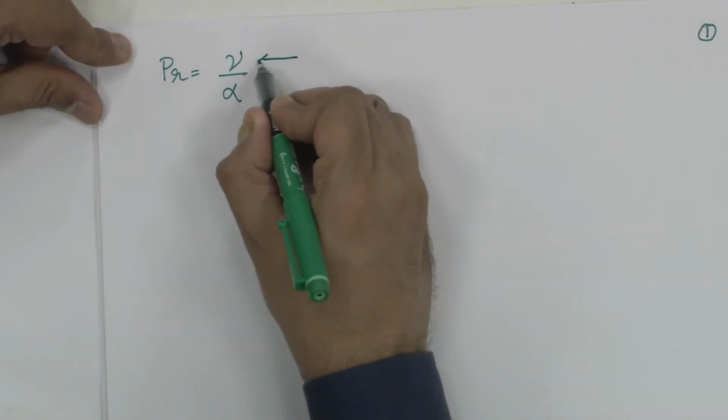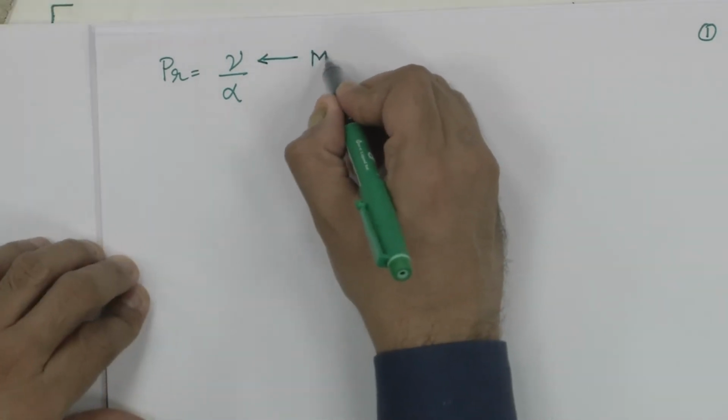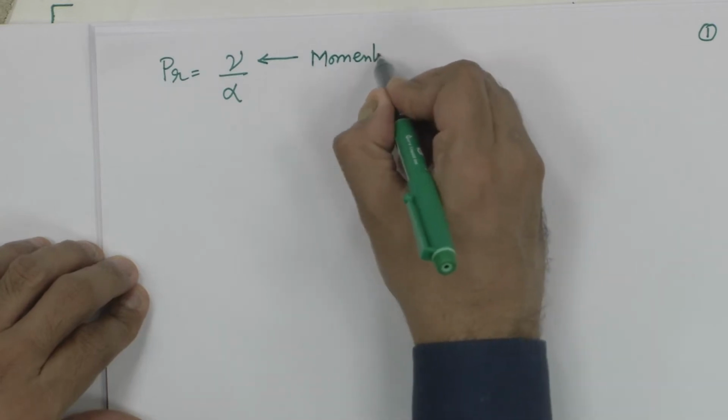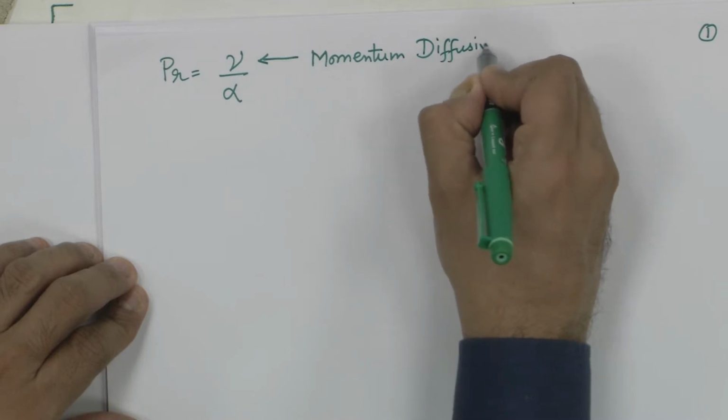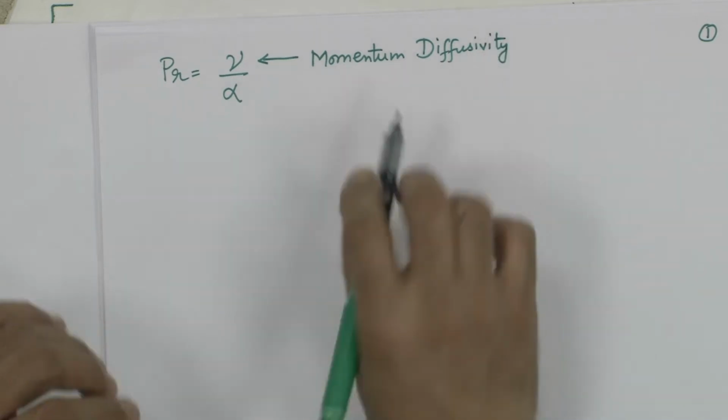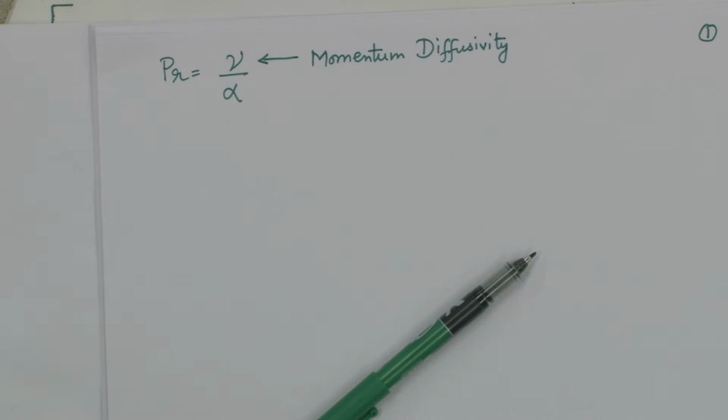Nu is responsible for momentum diffusivity, momentum transfer. What does the word diffusivity mean? Diffusion is basically how things go into the main flow. If the smell of an agarbatti, incense, diffuses into the room, it percolates and permeates the room. It is in one corner, and over time the entire room has the fragrance.